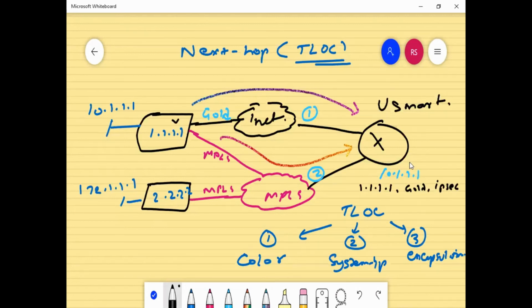So over the vSmart, we will have the route of 10.1.1.1, which will be representing a TLOC like 1.1.1.1, gold and IPsec. Whereas for the second scenario, it is again coming from 1.1.1.1, but this time your color is changed to MPLS and again your encapsulation would be the same, that is IPsec.